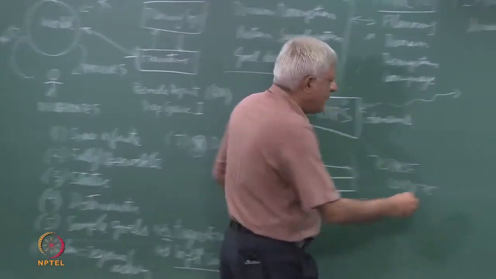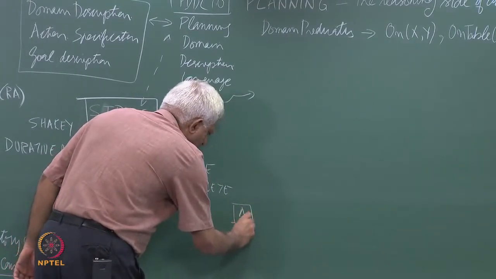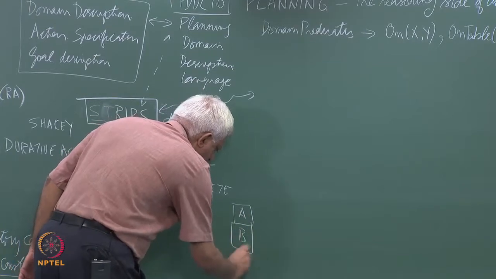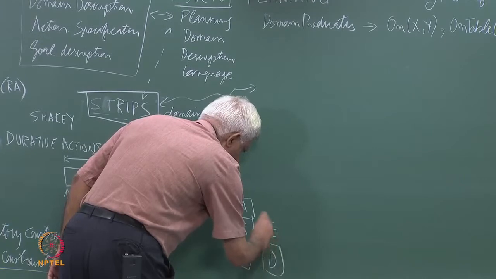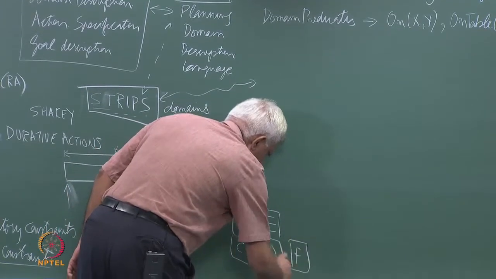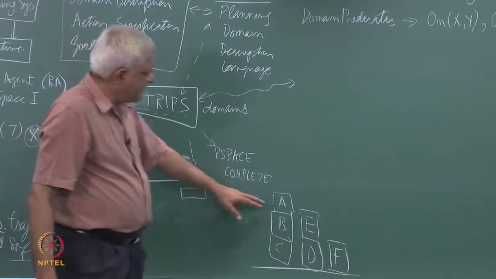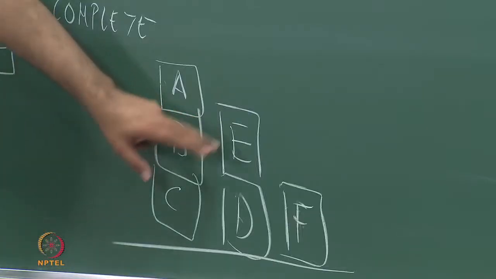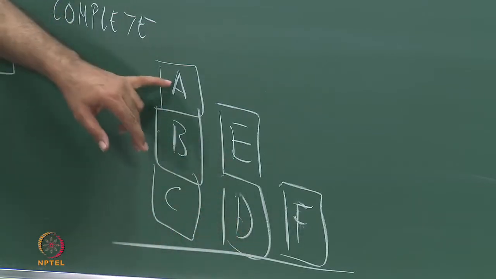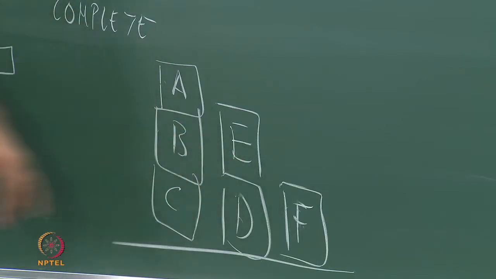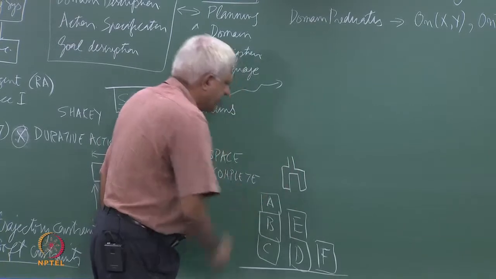So, for example, if I have a situation like this, A is on B, it's on C, F, something like this, then I will describe it by saying on(A, B), on(B, C), on(E, D), ontable(C), ontable(D), ontable(F), clear(A), clear(E), clear(F), and this is my one arm robot.